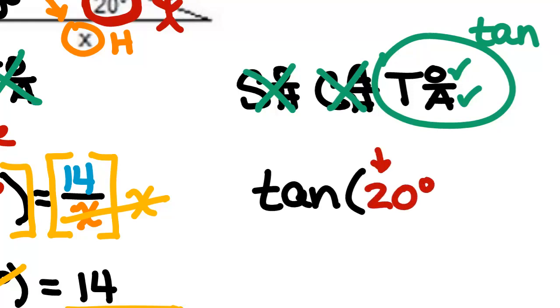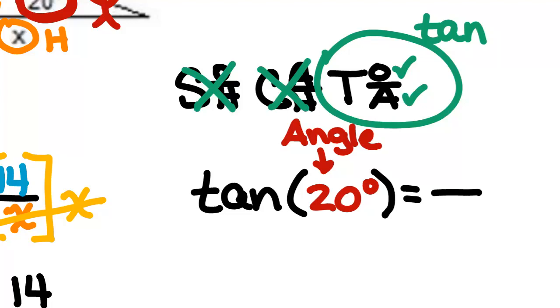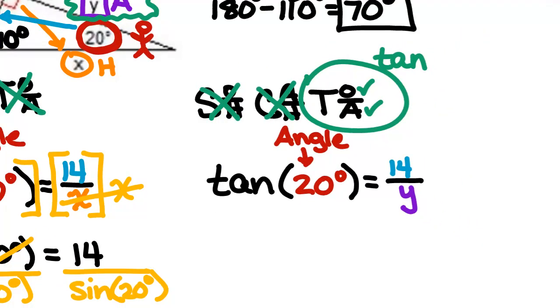There's my angle. Is equal to opposite over adjacent. How big's the opposite side? 14 over the adjacent side, which is y.